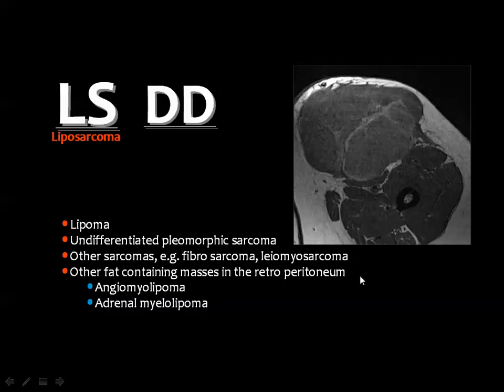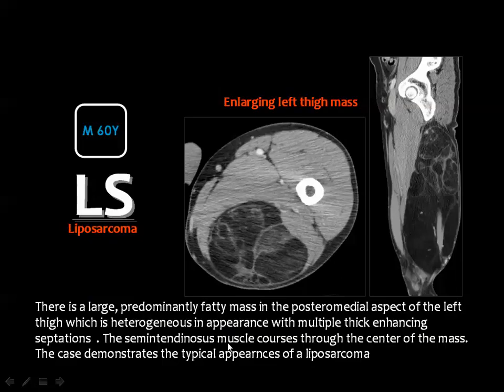Lesions in the retroperitoneum, of course, cannot be mistaken for angiomyolipoma, because angiomyolipoma has a significant amount of fat and is present in the kidney. And this adrenal myelolipoma is almost totally containing fat.